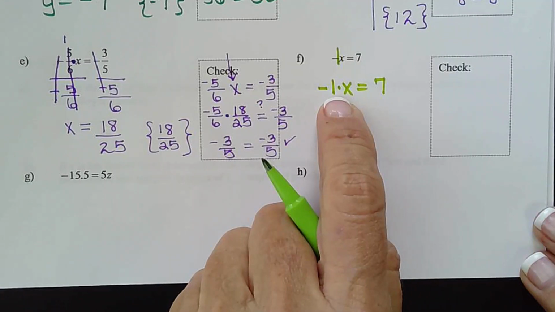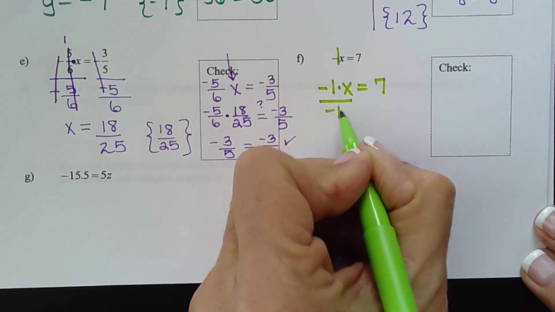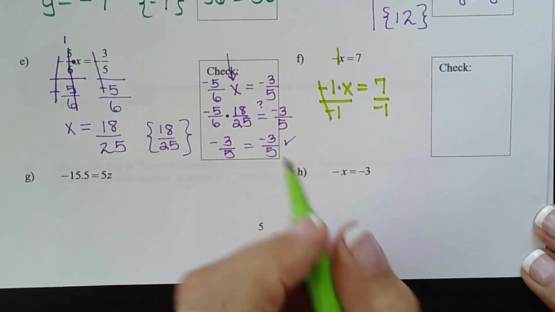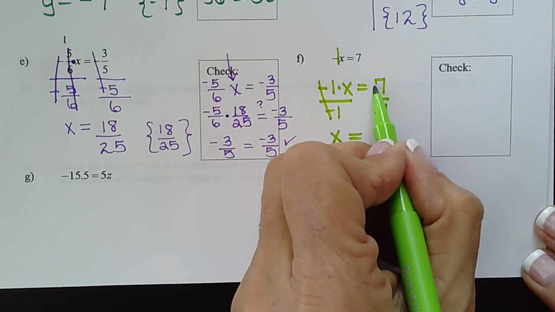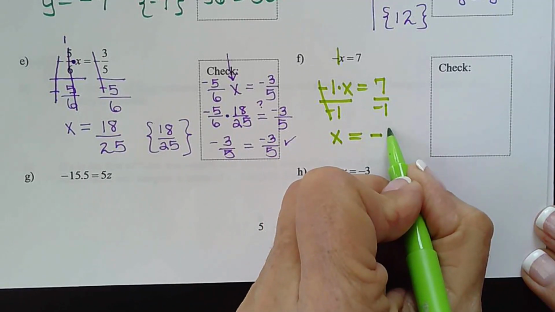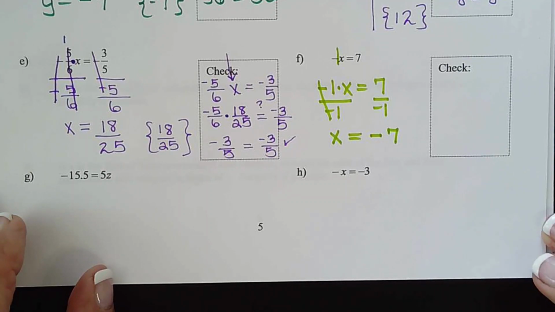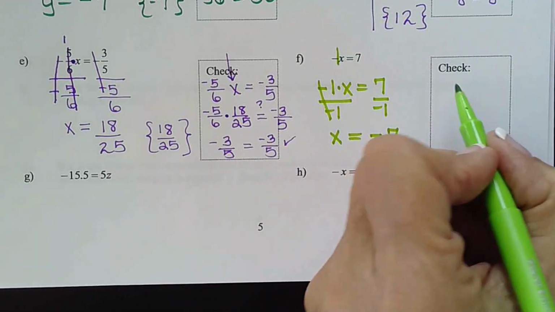Opposite of times is divide. So divide both sides by -1. Double negative is positive. 1 divided by 1 is 1x. A positive divided by a negative is -7. So super easy to check. I mean, super easy to work.